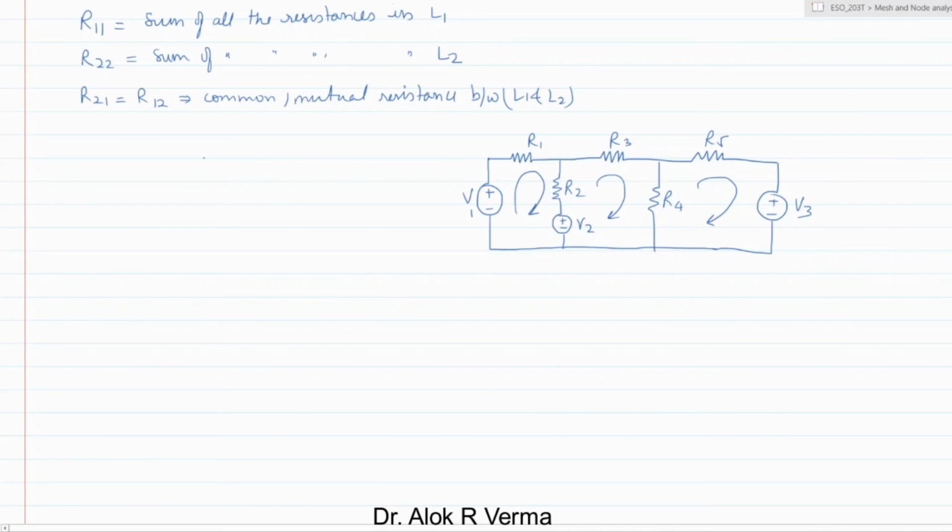Now if we talk about the element R11, the total resistance is the sum of all the resistances, which is R1 plus R2. Now R12, the common resistance between loop 1 or mesh 1 and 2, is nothing but R2.